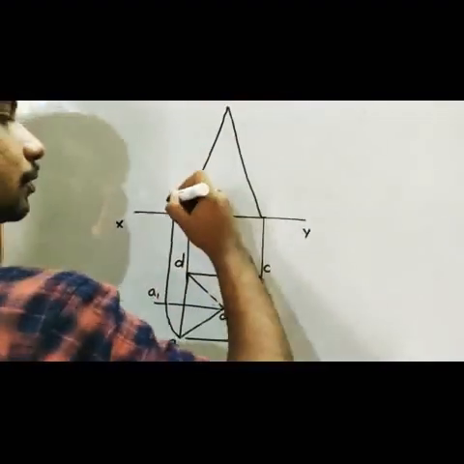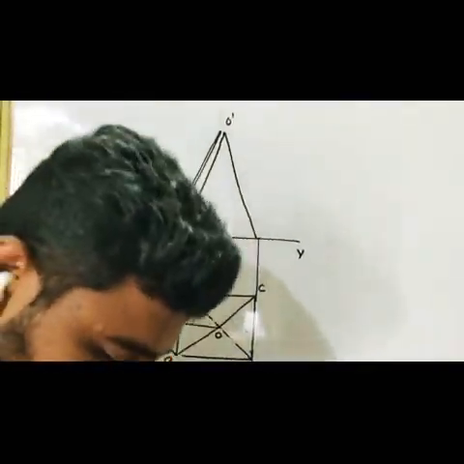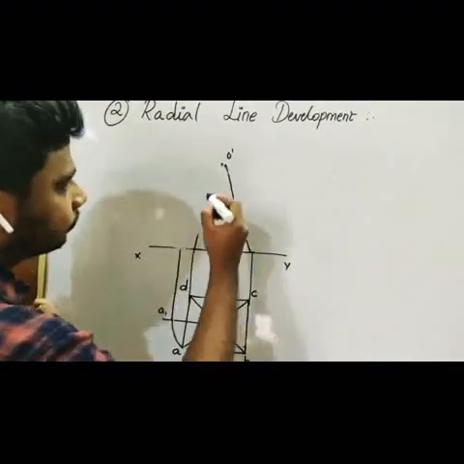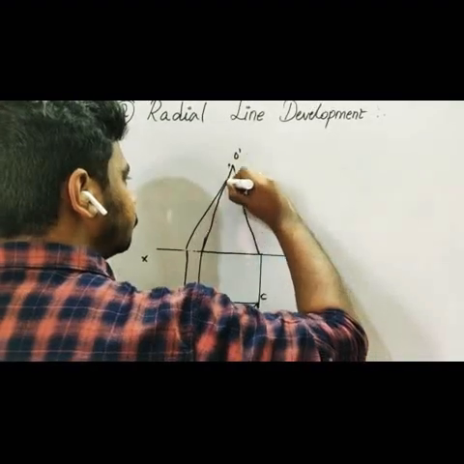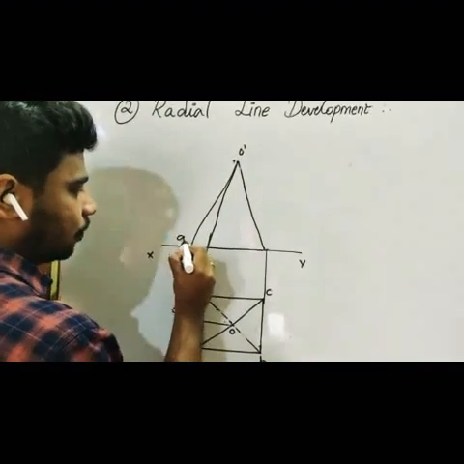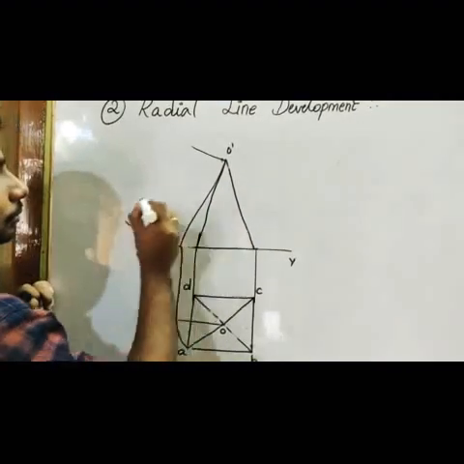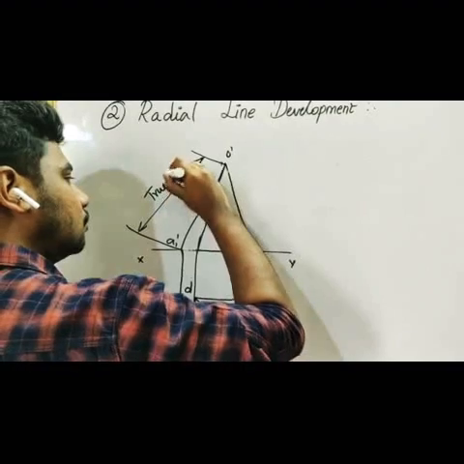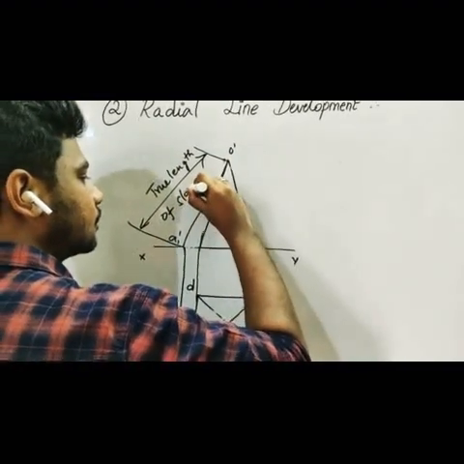And you connect it to your O dash. So this is your A1 dash and this is your O dash. So when you measure this length now, this length is called the true length of the slant edge.